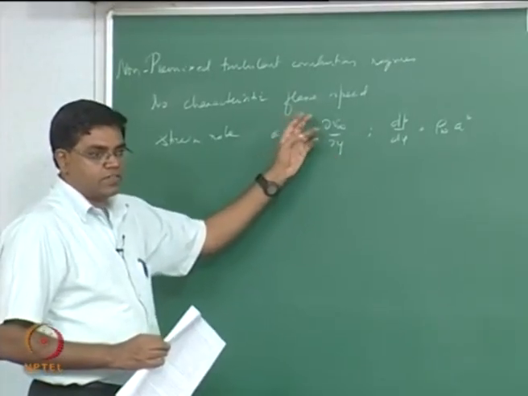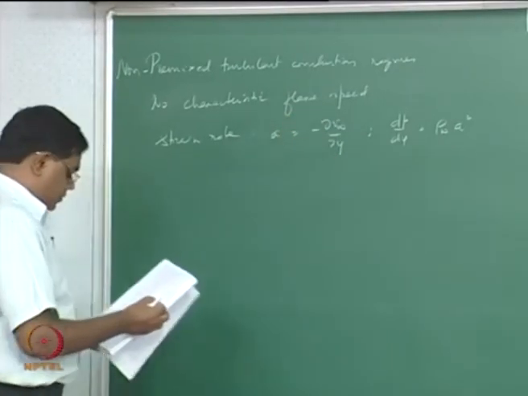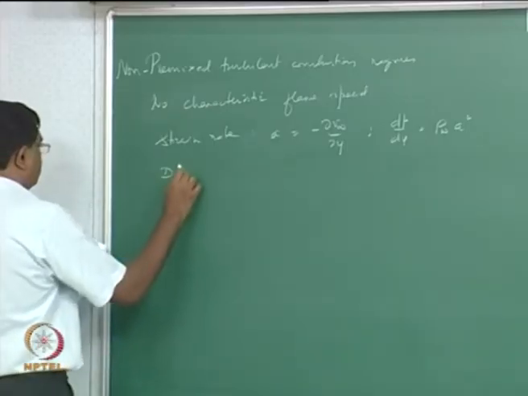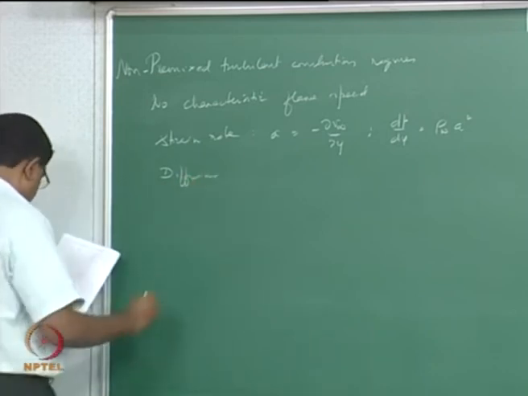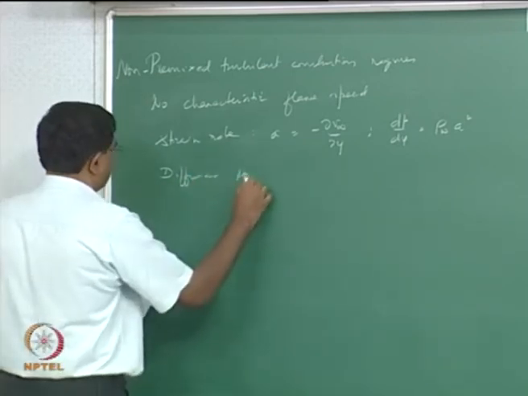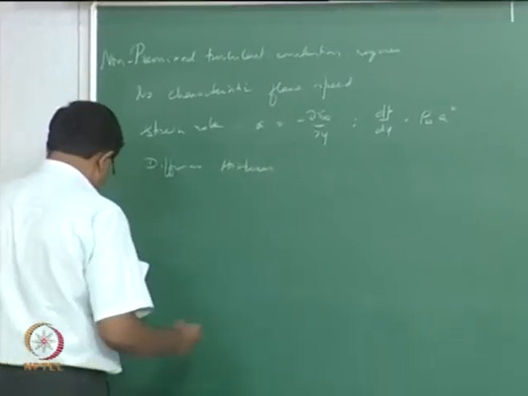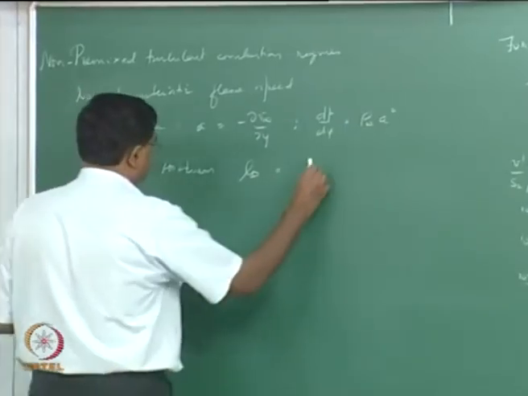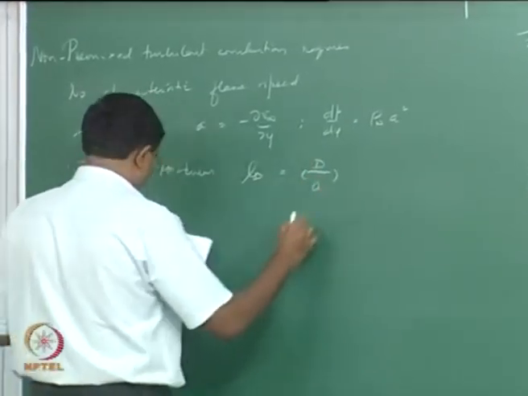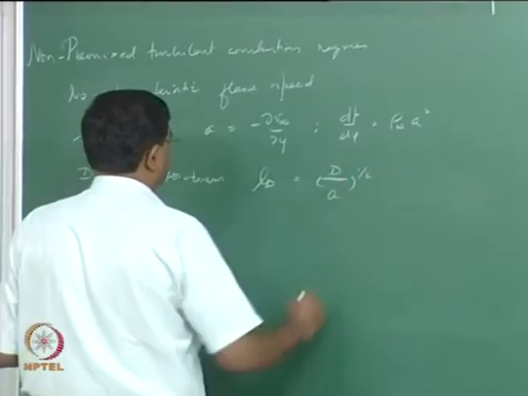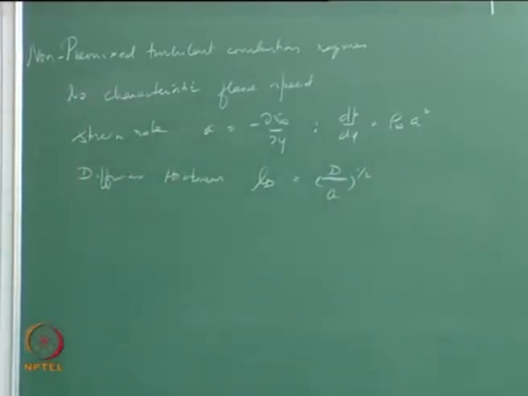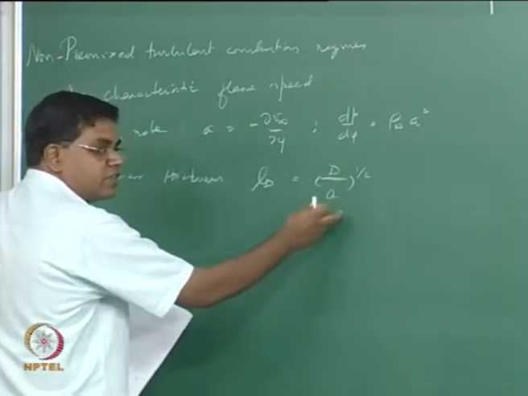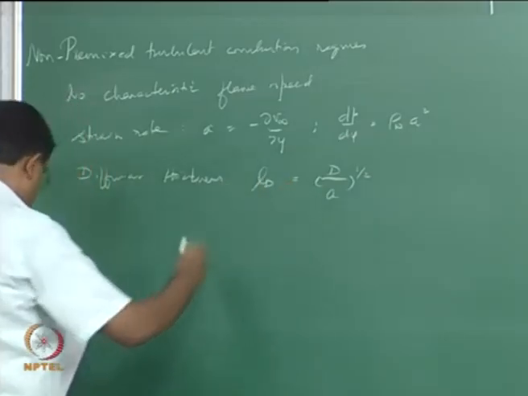So with this we should now be able to come up with a diffusion thickness L_D equal to (D over A) to the half. So that's meter squared per second divided by 1 over second, so the 1 over second gets cancelled, you get meter squared to the half, which gives you meter.